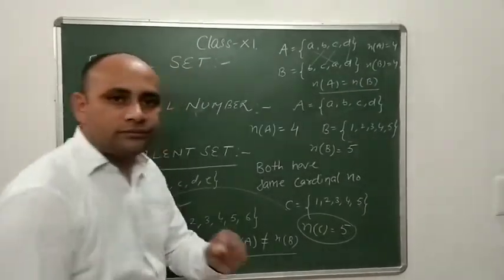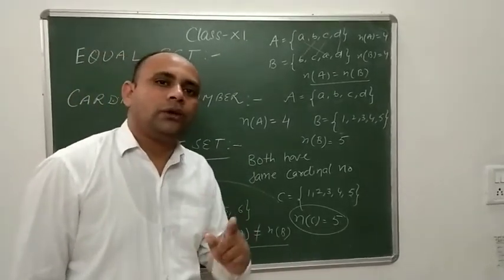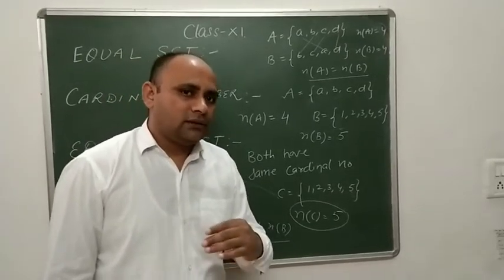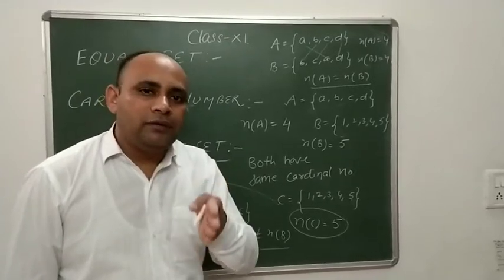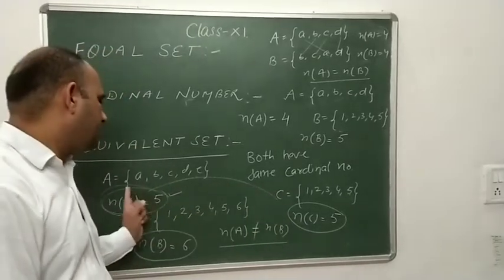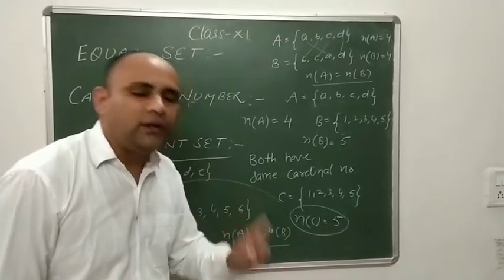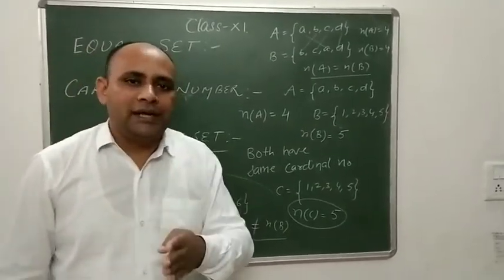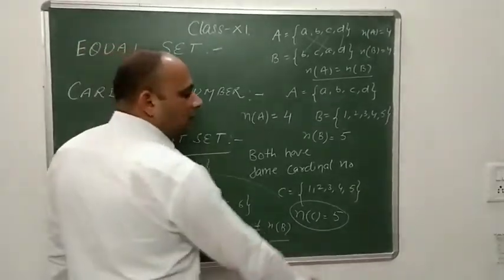It means equal sets are also equivalent. If two sets are equal, then they are also equivalent, but equivalent sets are not necessarily equal. For example, A and C are equivalent but not equal. So keep in mind, equal sets are equivalent but equivalent sets are not equal sets.